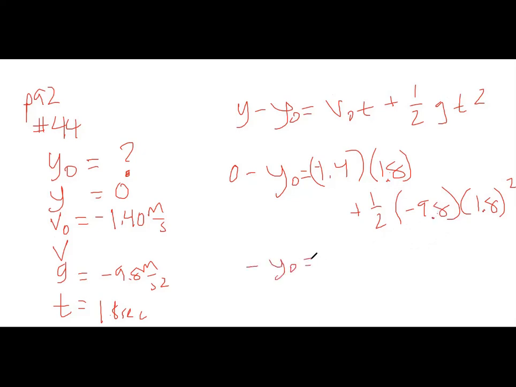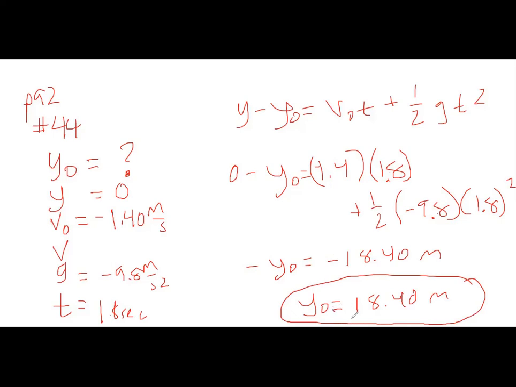Negative y naught equals negative 18.40 meters. y naught equals 18.40 meters. That's the initial height that it was thrown down at.